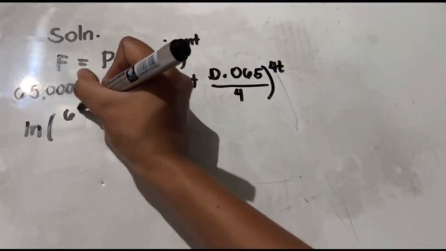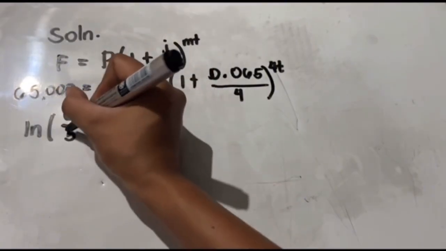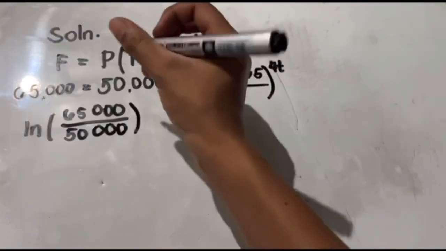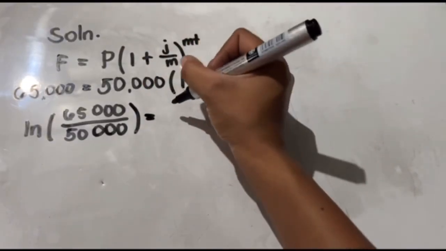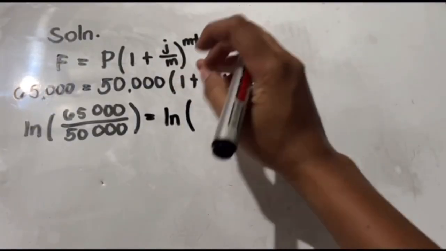So 65,000 divided by 50,000 equals the logarithm of the term.